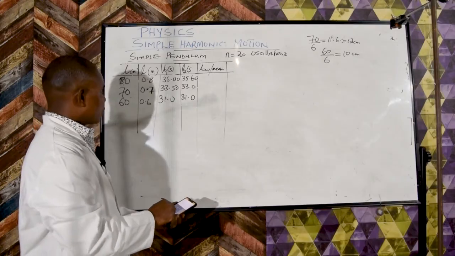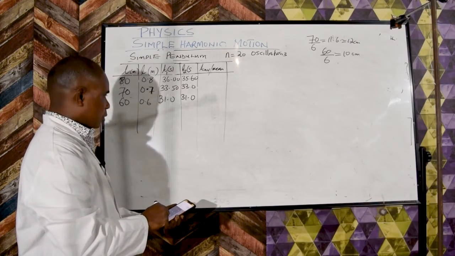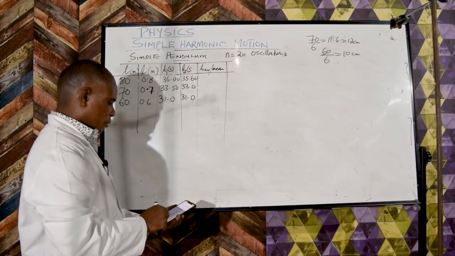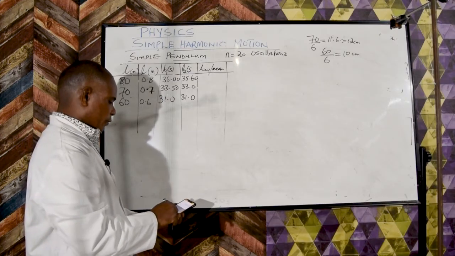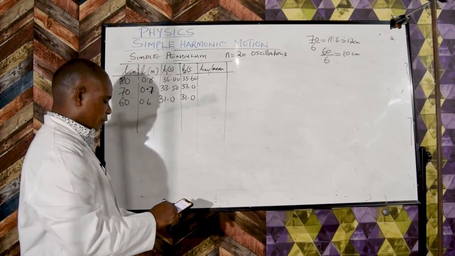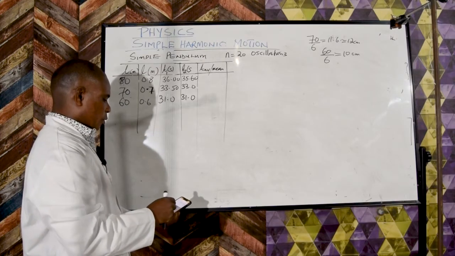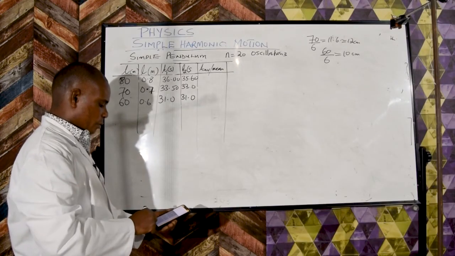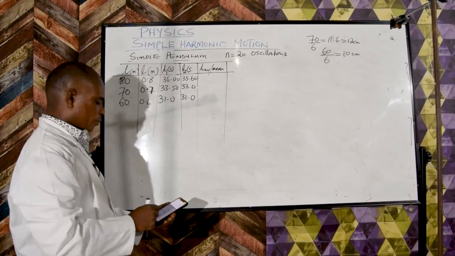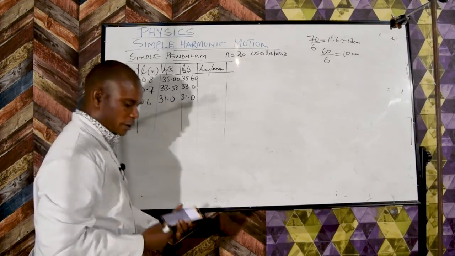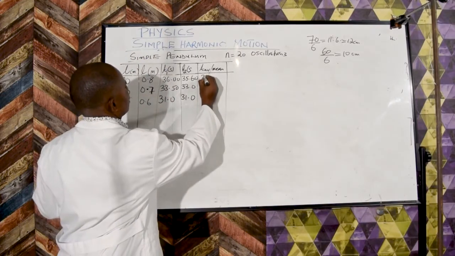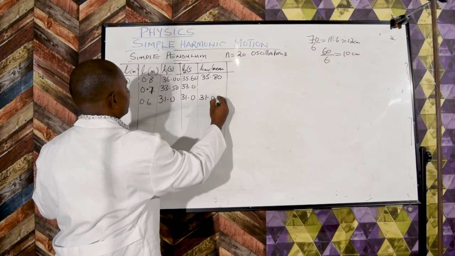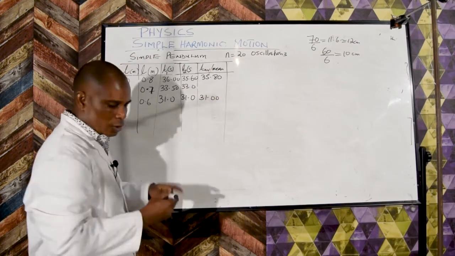This is 36 plus 35.6, which is 71.6. 71.6 divided by 2 gives 35.8. So this is 35.80.